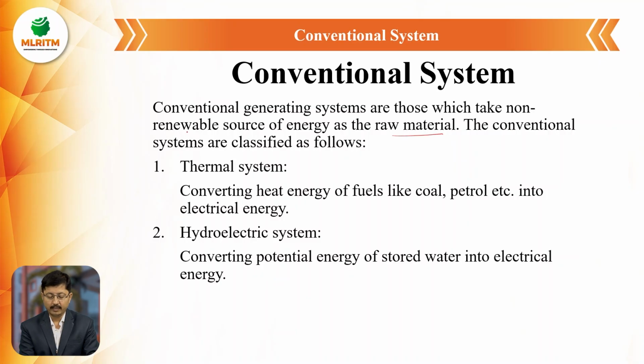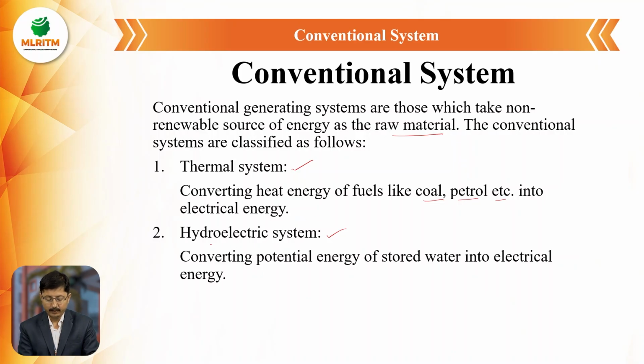The examples for conventional systems are thermal systems and hydroelectric systems. Converting heat energy of fuels like coal, petrol, etc., we can utilize these non-renewable sources of energy, converting coal and petrol into electrical energy.